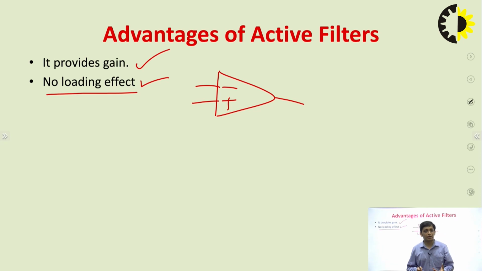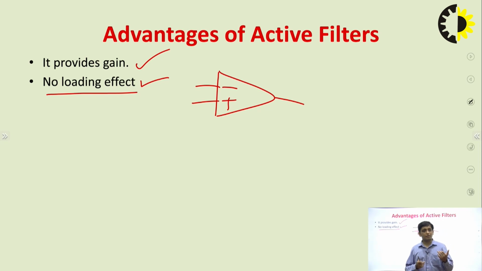Let's take an example. There are various op-amp ICs available in the market, and one of the popular ICs is the 741 IC. For the 741 IC, the gain bandwidth product is 1 megahertz and the slew rate is 0.63 volt per microsecond. So you can see that the gain bandwidth product is limited to 1 megahertz. The slew rate is also not good, right?